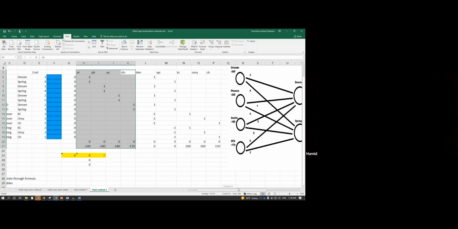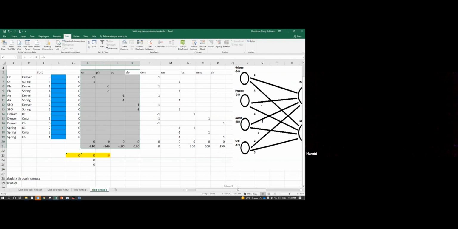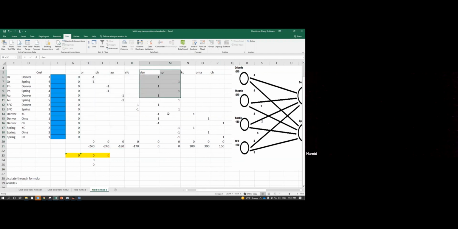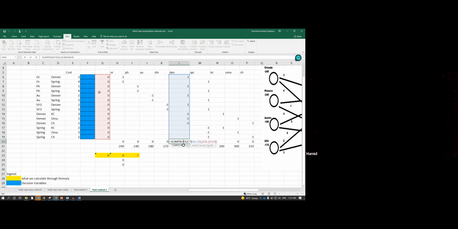If you look at the next part, which is Denver and Springfield, I have -1 and 1s. -1 refers to outward flow, +1 refers to inward. So this +1 and -1 is multiplied by the supply and demand coefficients.